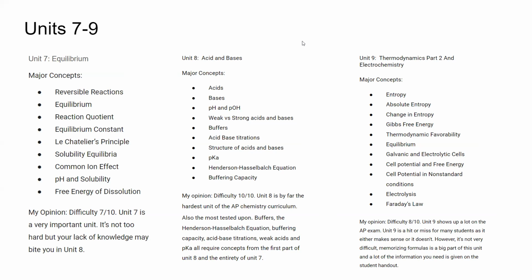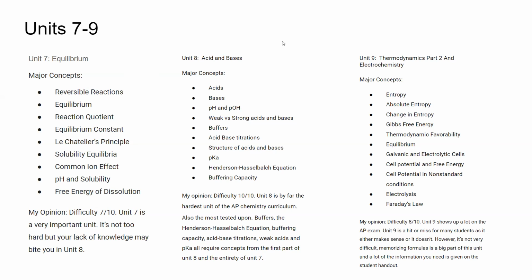So anyway, the difficulty for this unit is about a 7 out of 10. It's very important, but it's not insanely difficult. It's harder than thermodynamics unit 6, but it's not nearly as bad as unit 8, which is the next one.